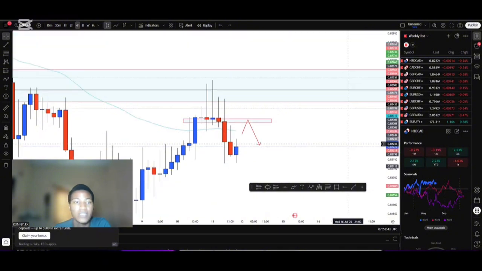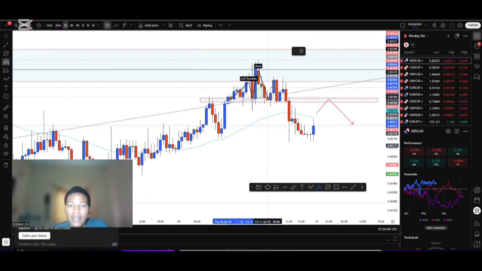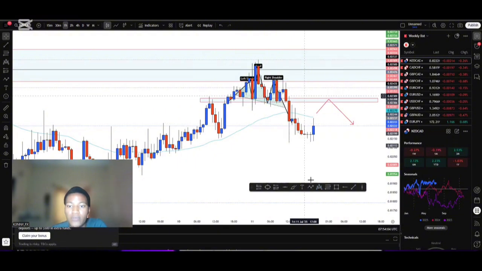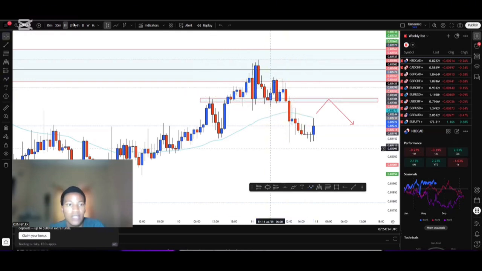So what I'm waiting for this week, if we go to a lower time frame, you can clearly see this 1 hour left shoulder, head, right shoulder. We are waiting for some kind of a pullback to this level of this lower time frame support and resistance level, looking for sells on that level.